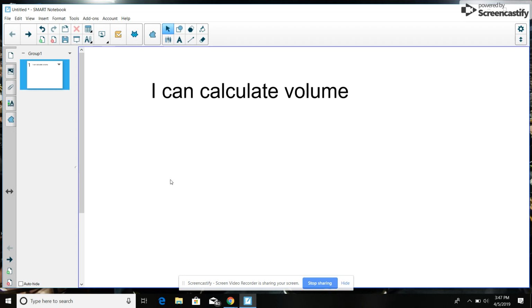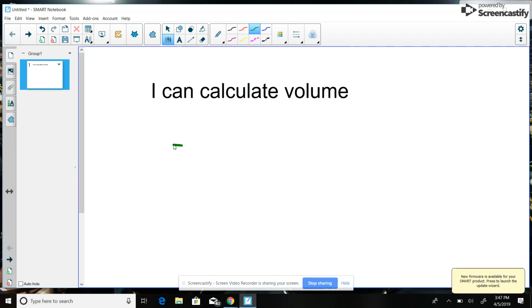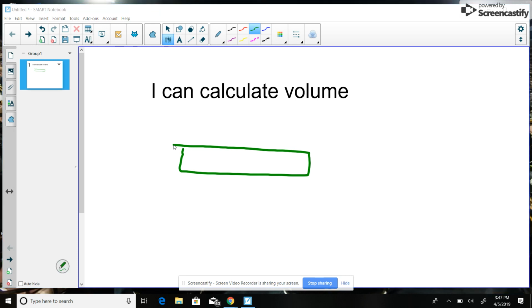So for instance, let me get my smartboard hooked. Let's say that I have a shape here where my base layer is made up of 8 cubes.